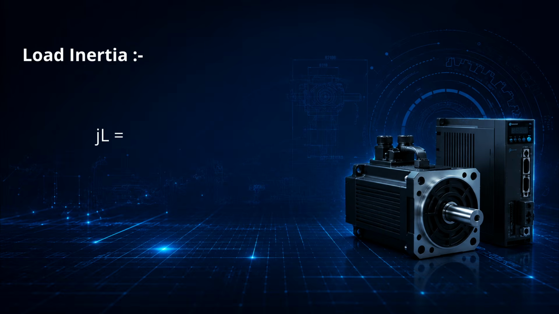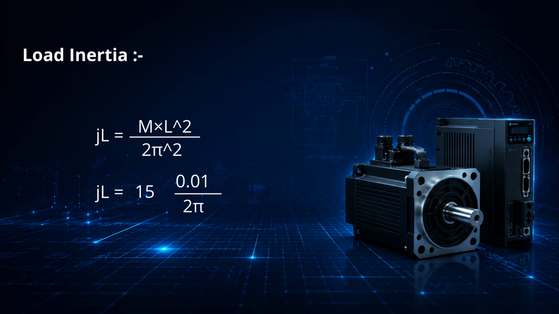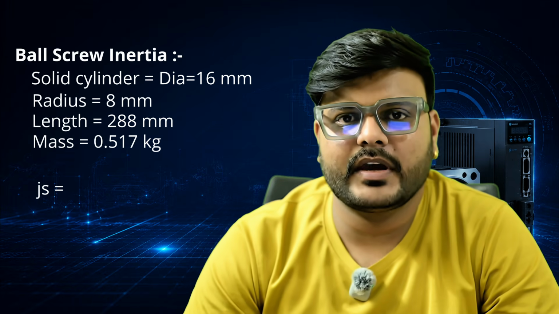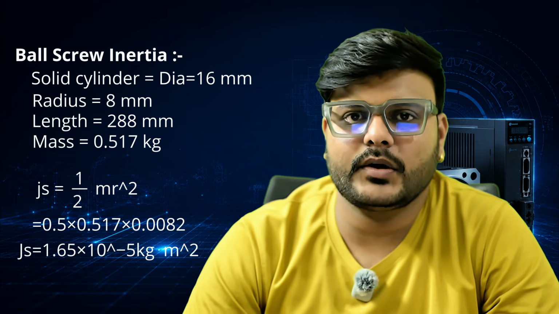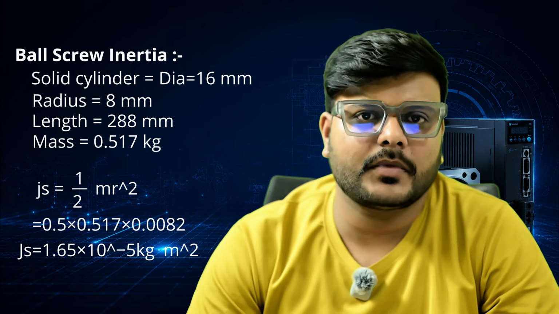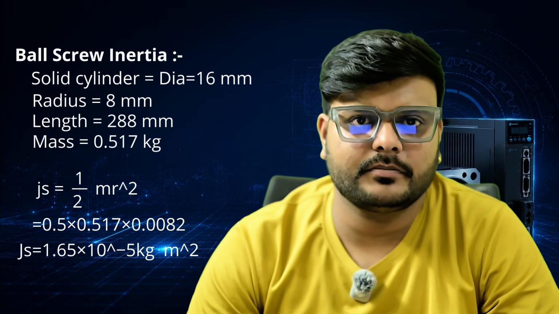Next step is to calculate load inertia. We know the formula JL equals M L divided by 2 pi bracket square. Substitute the values in the formula. Our total moving mass is 15 multiplied by 0.01, which is our lead, divided by 2 pi bracket square. So we get a load inertia of 3.80 multiplied by 10 raised to minus 5 kg meter square. Next is ball screw inertia, which we calculated in a previous video, and the value is 1.65 multiplied by 10 raised to minus 5 kg meter square.